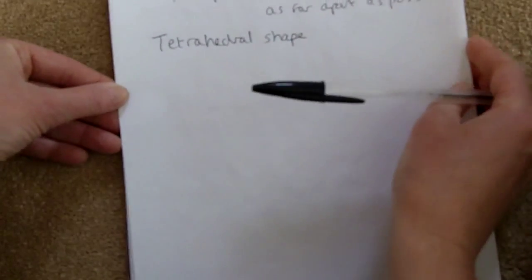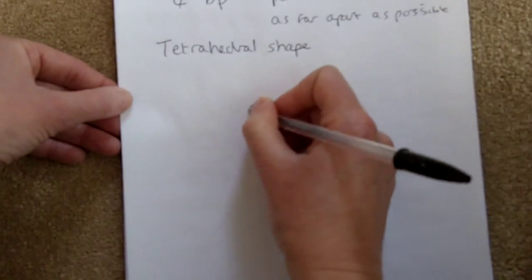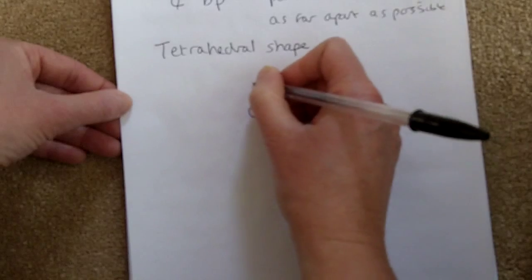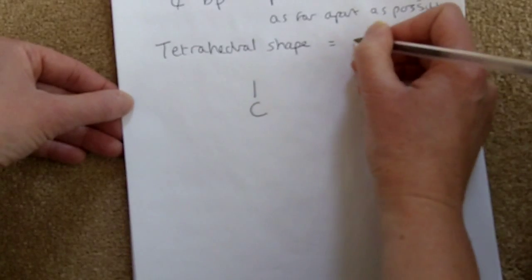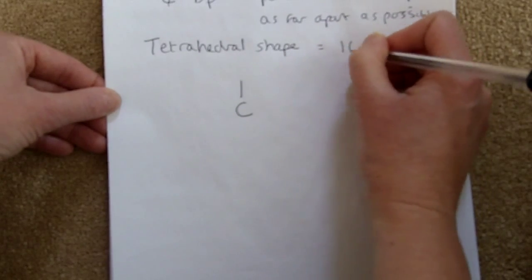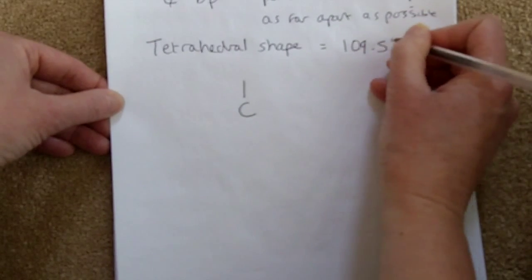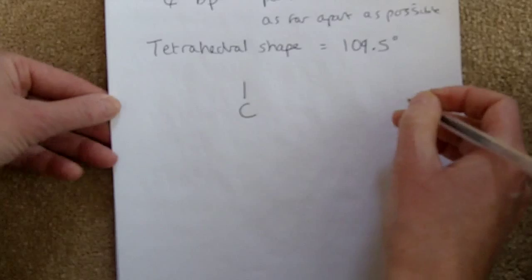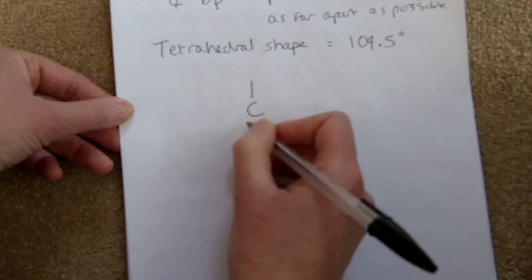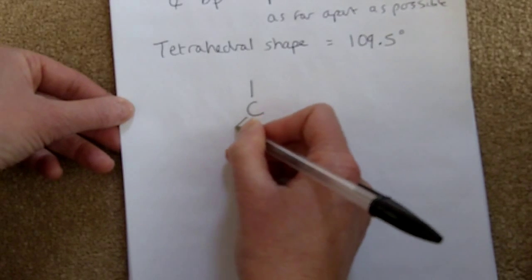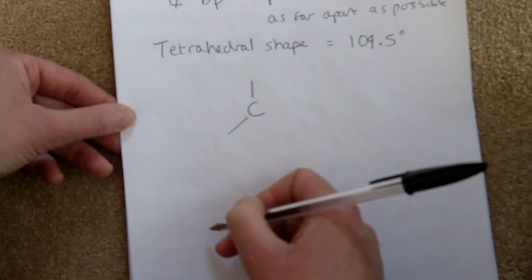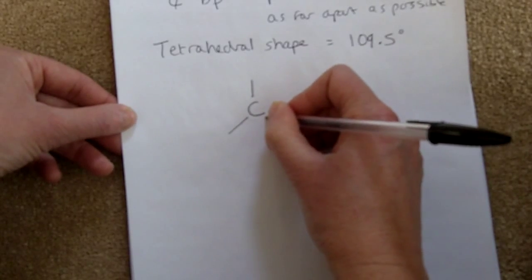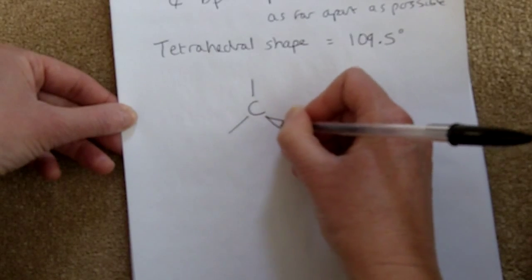Okay. So if we draw carbon as the central atom, you've got to be really careful when you're drawing this, and we draw like this. Now the bond angle in a tetrahedral is 109.5 degrees. So you're going to draw another bond, but it's going to come down a little bit. So it's not going to be a right angle, it's going to be 109.5. Then you have a bond sticking out, and that's a wedge.